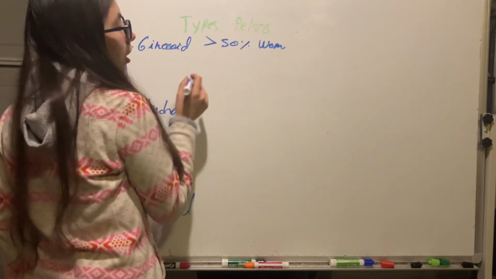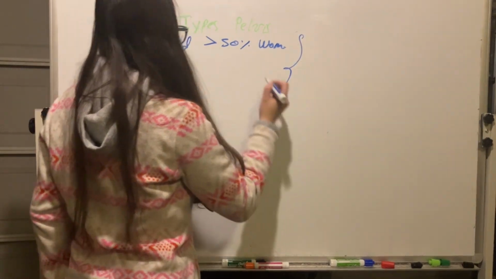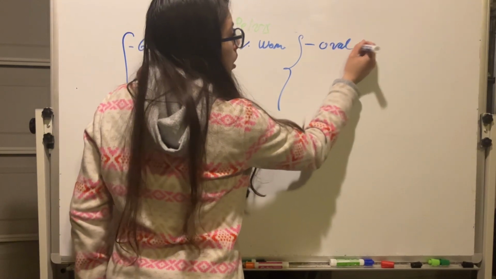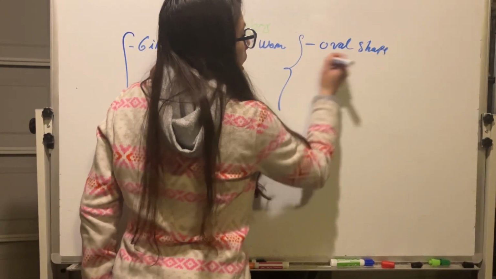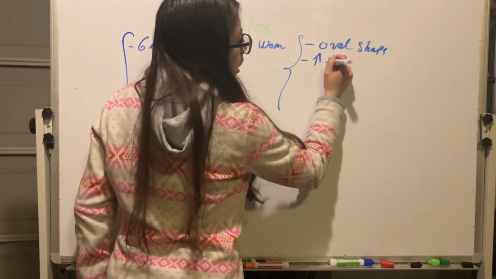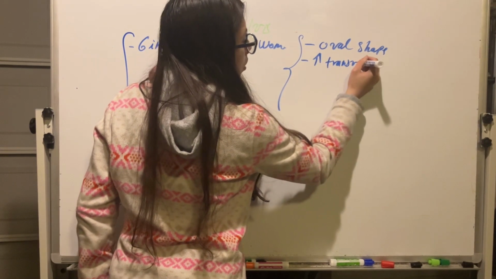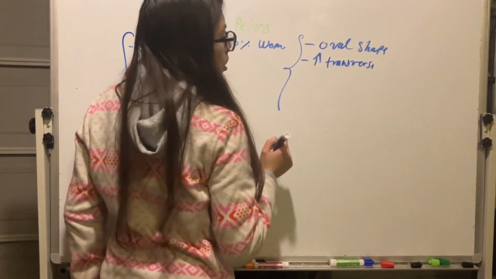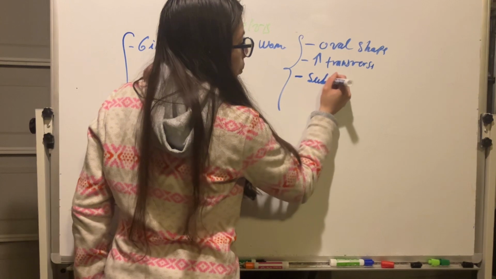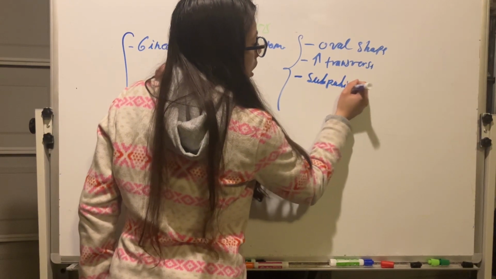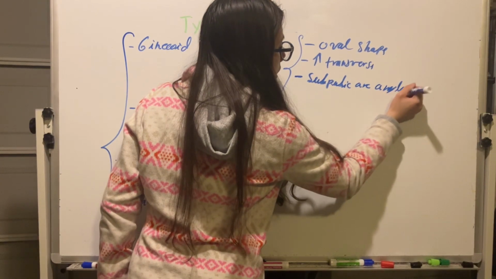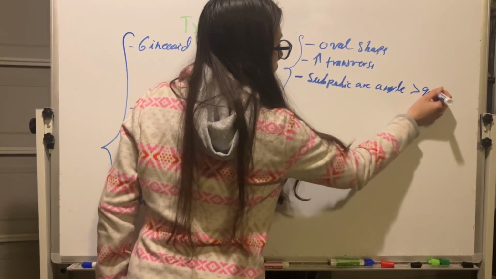50%. This pelvis has an oval shape, having the largest diameter in the transverse orientation, and we have the subpubic arch angle greater than 90 degrees.